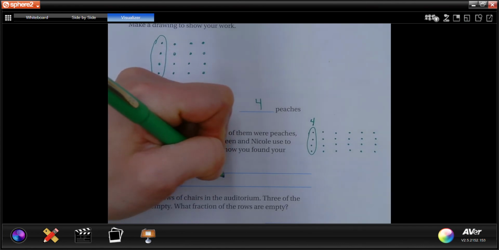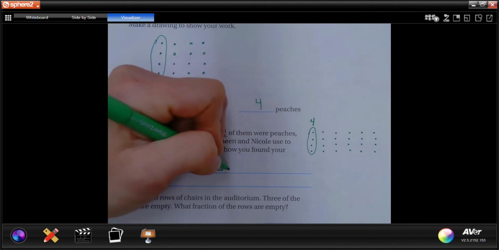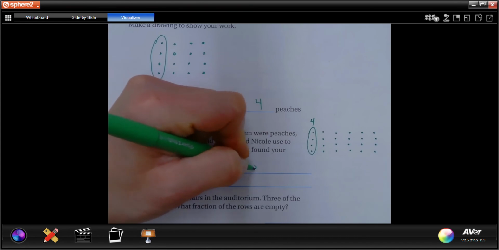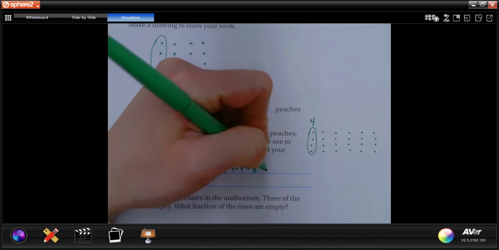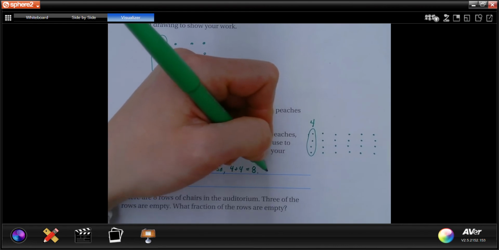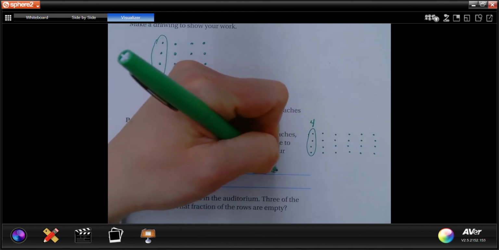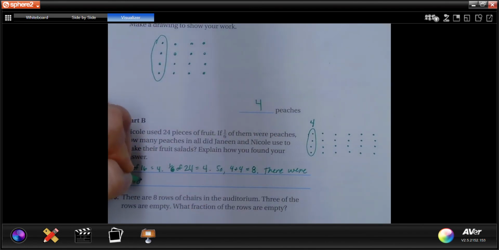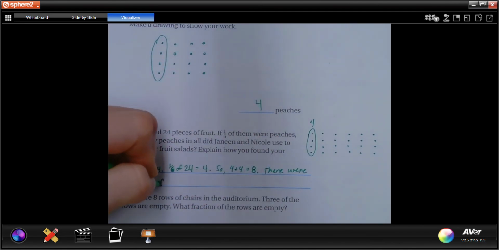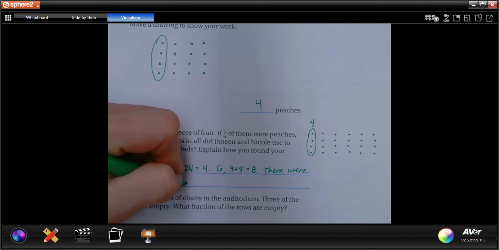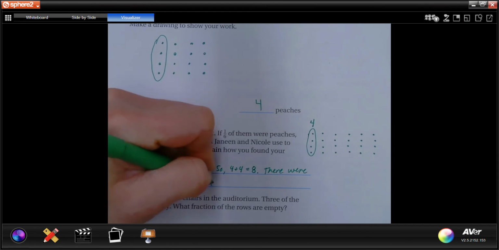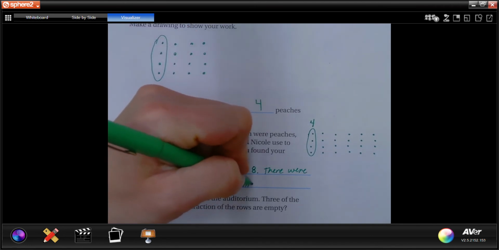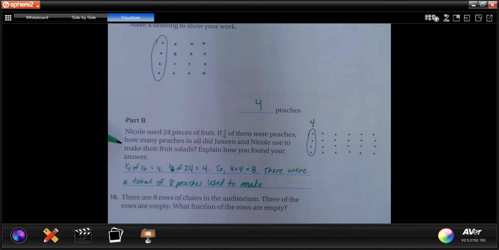So 4 plus 4 equals 8. There were a total of 8 peaches used to make how many?